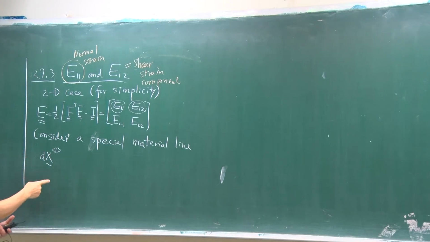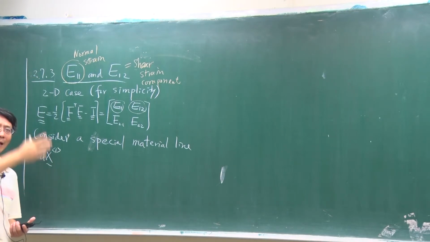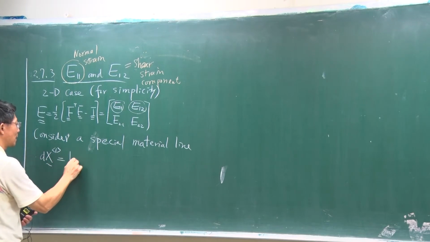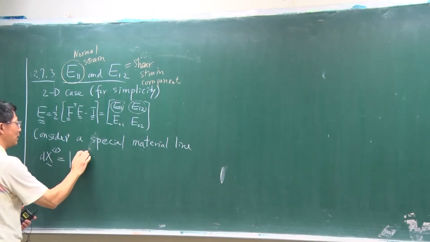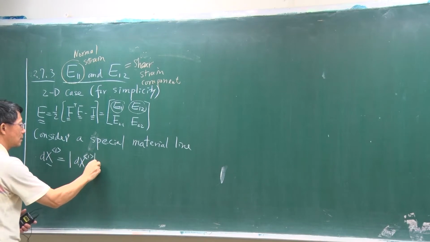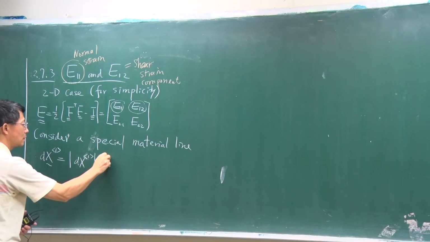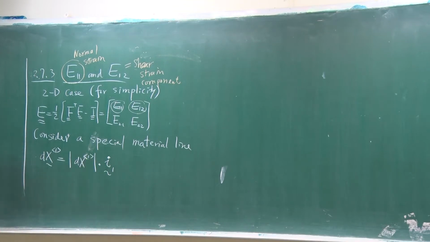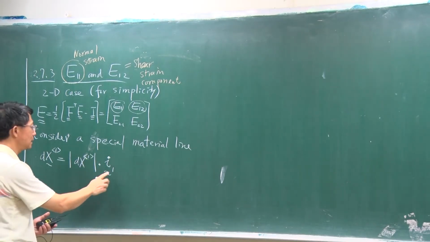So this is not the material line in the principal direction. This is the material line in the X1 direction. Or just I. I is okay.